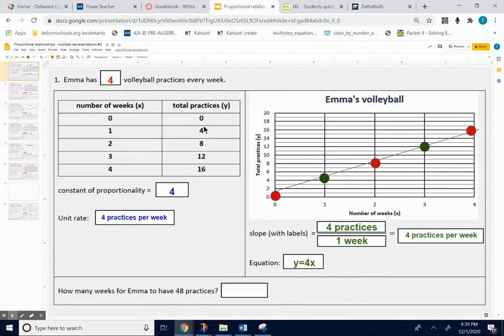But notice that to get from the right side to the left side of your table, you would be dividing by 4 every time. Take the number on the right divided by 4 to get the number on the left. So if we have a 48 on the right side of the table because it's practices, divide that by 4 to get the number on the left. 48 divided by 4 is 12. So 12 weeks.